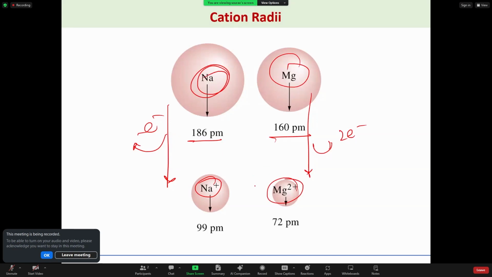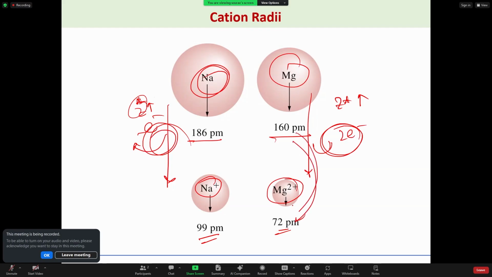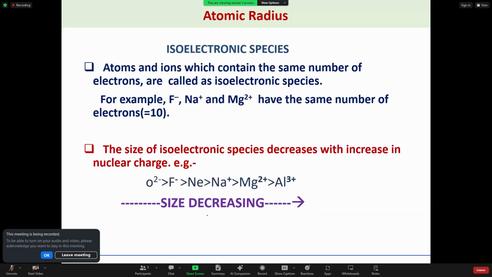When the electron repulsion decreases, the Z star value will increase. When it increases, the atomic radius value will decrease. But here two electrons are removed, and here one electron is removed. That's why this value is lower: 72, and this is 99. So there is another trend.